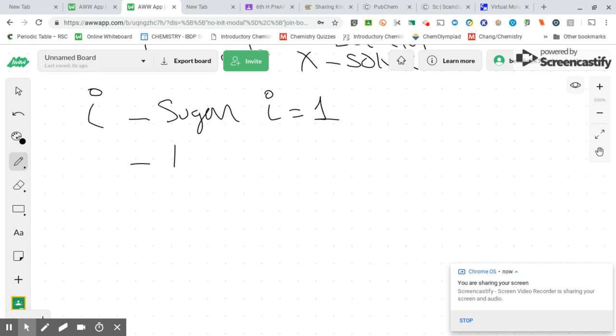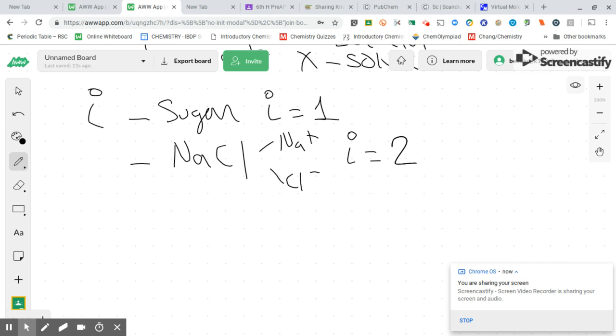In the case of sodium chloride, when we add sodium chloride to any solvent, it will split into two ions, sodium and chloride. So i will be equal to 2. The more particles you have in a solution, the more impact on colligative properties.